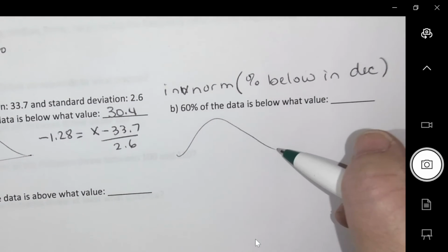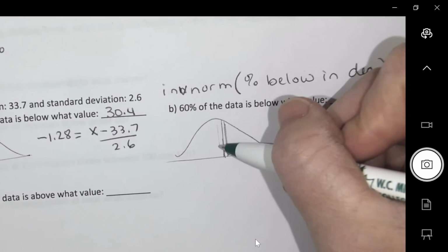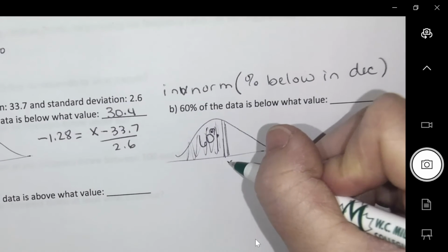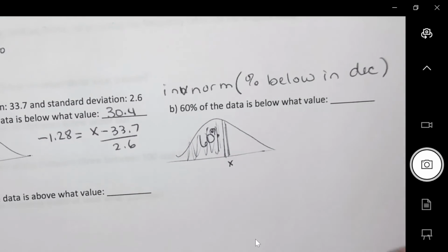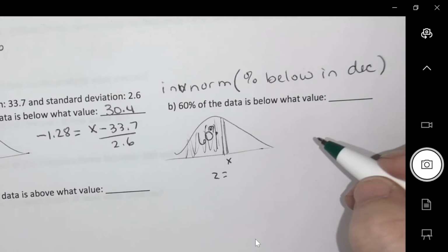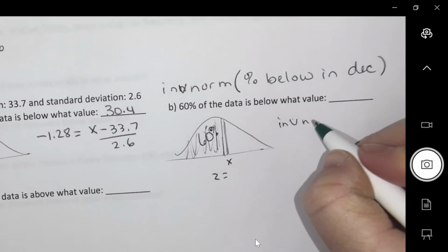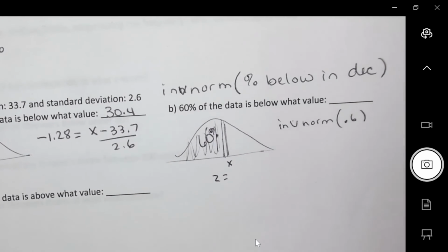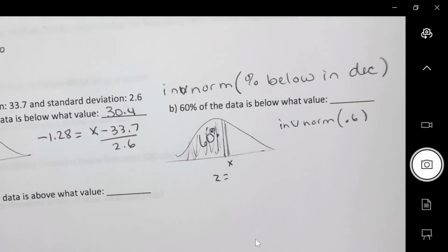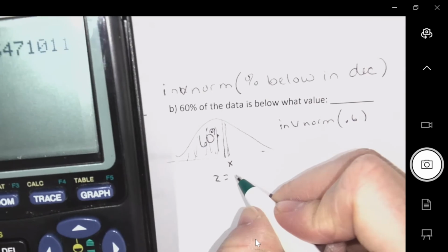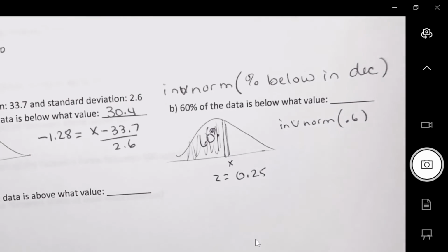All right, 60% of the data is below what? Okay, so I'm going to inverse norm 0.6. That's what I'm going to do, inverse norm 0.6. And I get a z-score. So when you do that in your calculator, you should get a z-score of 0.25.